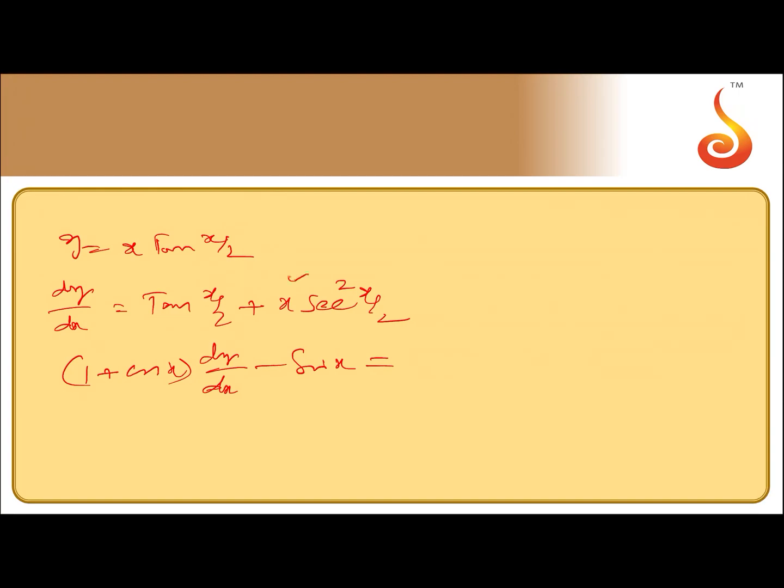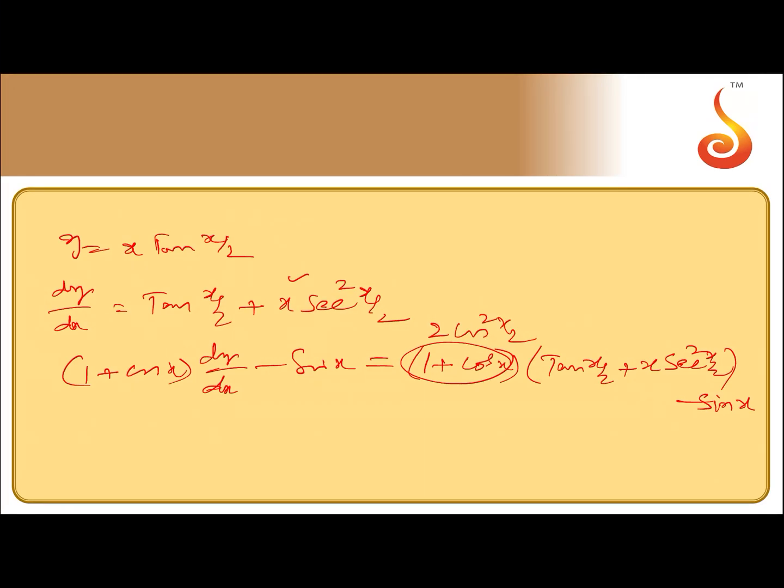So why don't you substitute this one here? So that will become 1 plus cos x multiplied by tan x by 2 plus x multiplied by secant square x by 2, minus sin x. I hope 1 plus cos x can be replaced by 2 cos square x by 2.